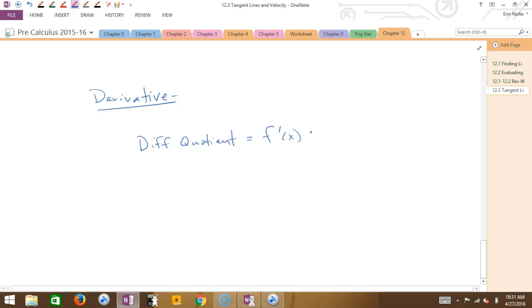This is just a little slashy line, like when you say something with an S on the end of it, that little thingy. What is that, apostrophe? We'll call it apostrophe. That's what the notation for derivative means. So if you take the difference quotient, it gives you a derivative.